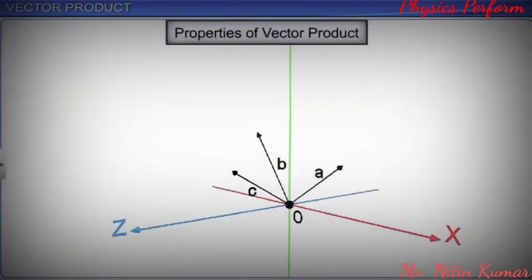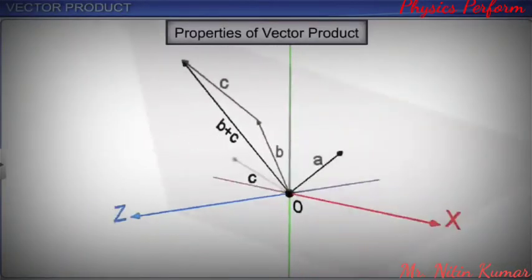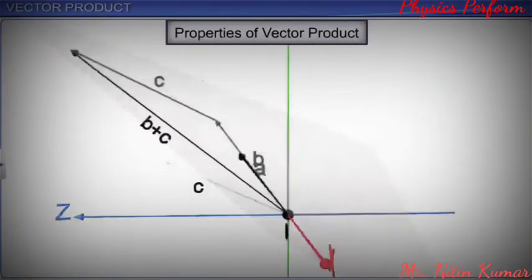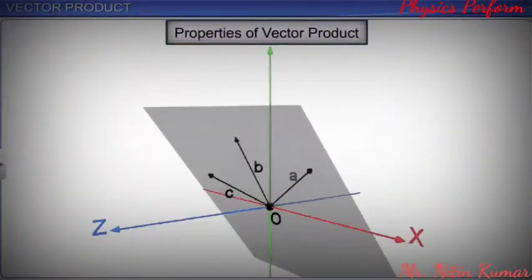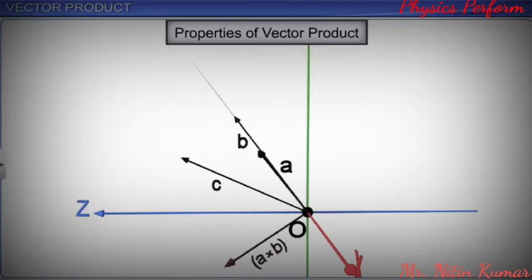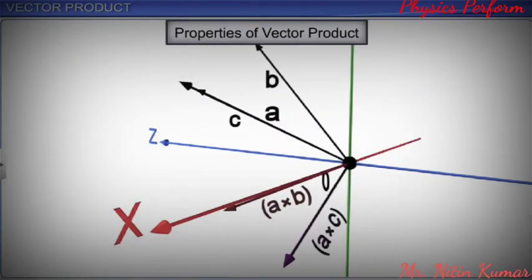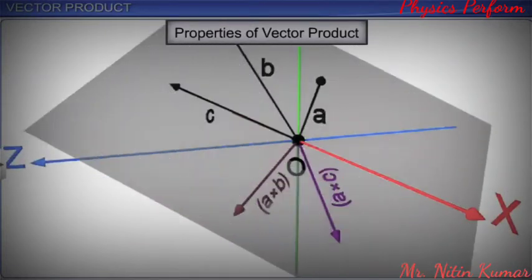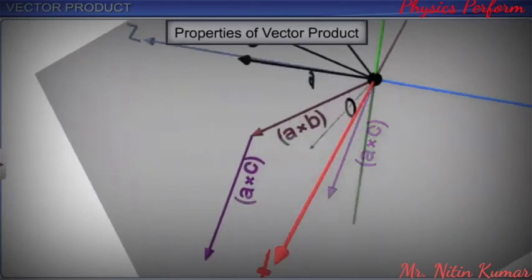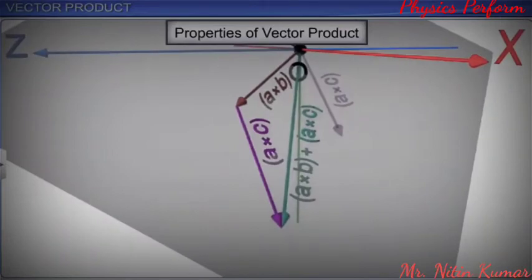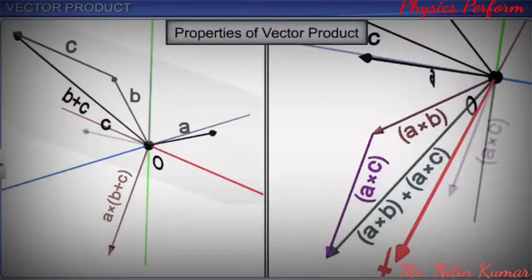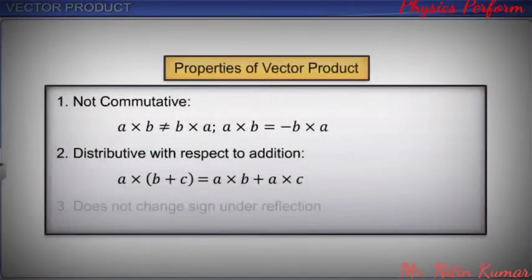Let's construct vector B plus C, and draw the vector product A cross B plus C. Next, let's draw the vector product A cross B and A cross C. Then draw a vector A cross B plus A cross C. This vector coincides with the vector A cross B plus C. Hence, the vector product is distributive with respect to addition.